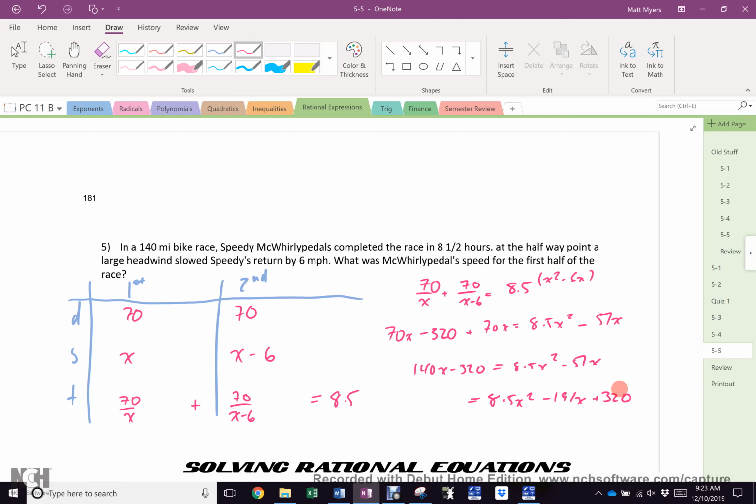Which way am I going to do, because I'm out of room? I'm going to go to the graphing calculator. 8.5x squared minus 191x plus 320. Graph. Because your window is small. Your app crashed?